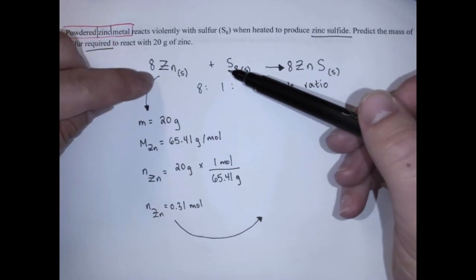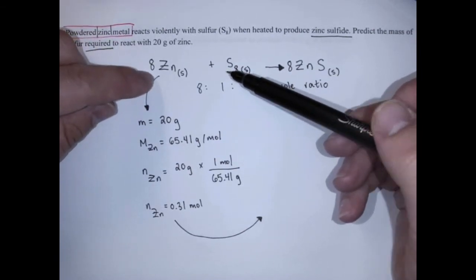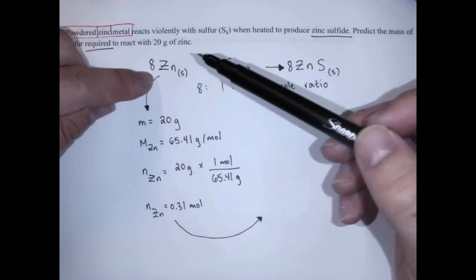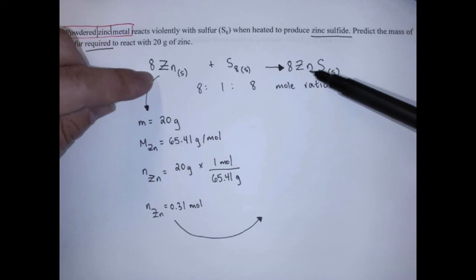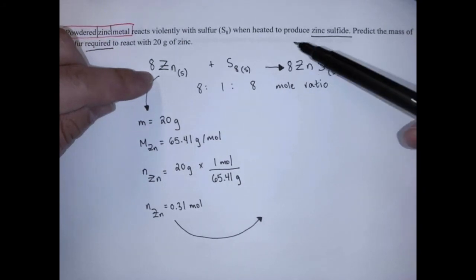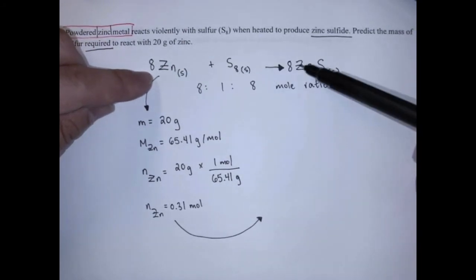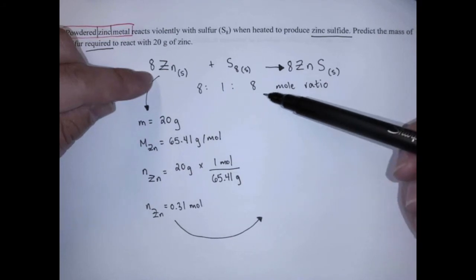Remember, this is what we get from our balanced chemical equation. 8 moles of zinc require 1 mole of sulfur to make zinc sulfide. For the equation to balance, we need these coefficients, and the coefficients represent the mole ratios.